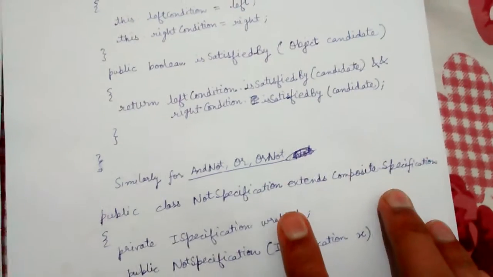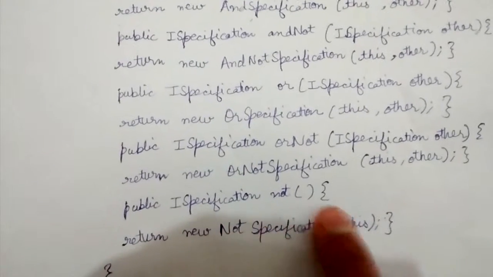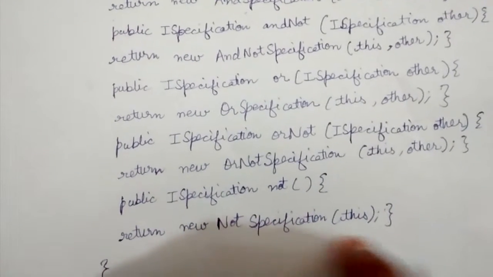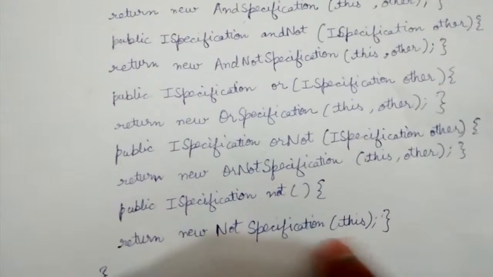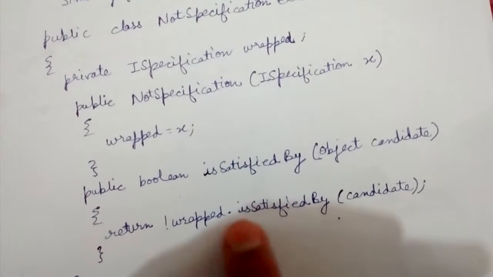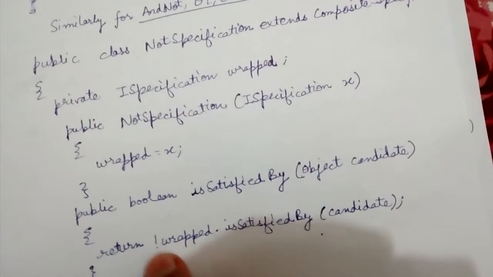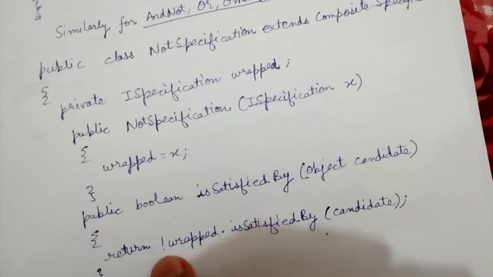Similarly for OrSpecification and not, nor, NAND, NOR, all these specifications. And for NotSpecification, I'm just initializing it with this. So it's a wrapper around myself. Whatever I am going to return, I invert it. So this NOT is basically for inverting.